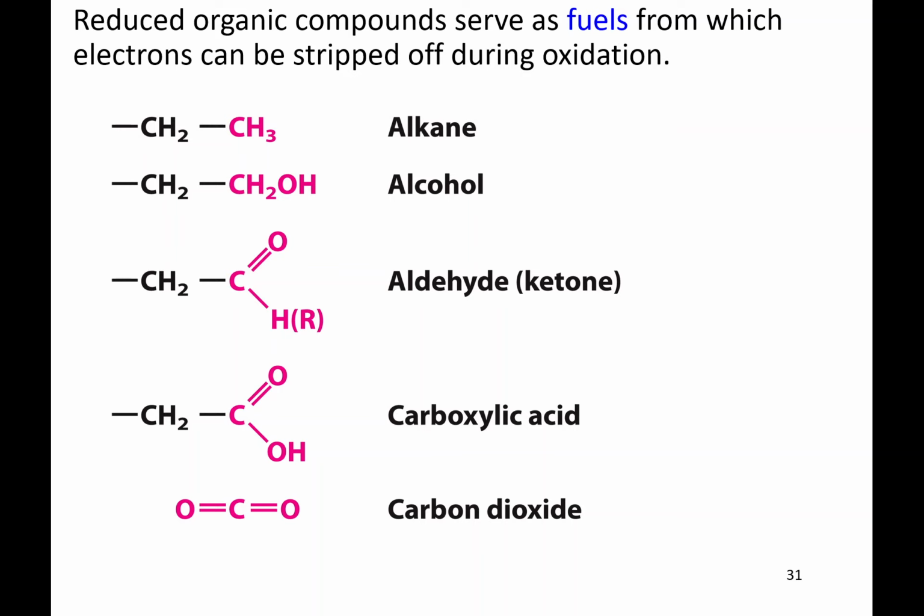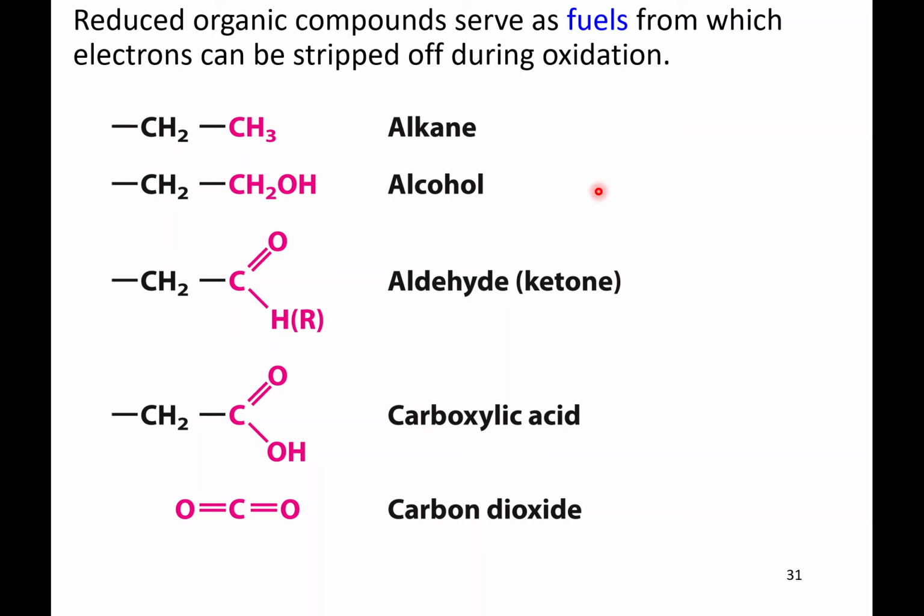Ultimately those electrons are transferred to the main electron transport chain, and that's how a proton gradient is generated, and that proton gradient is then used to produce ATP. That's the last thing we'll learn about in metabolism in this course. But these electrons have to come from somewhere, and they come from basic organic compounds.